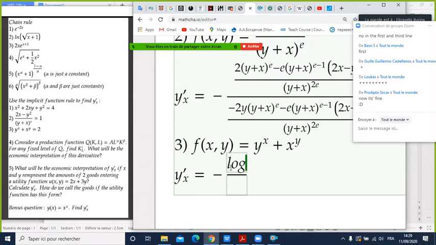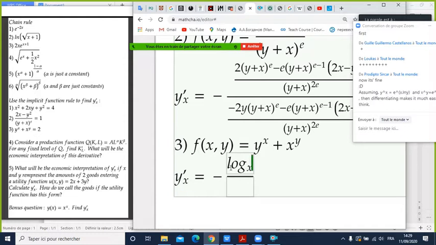So here we're getting a logarithm of base y.